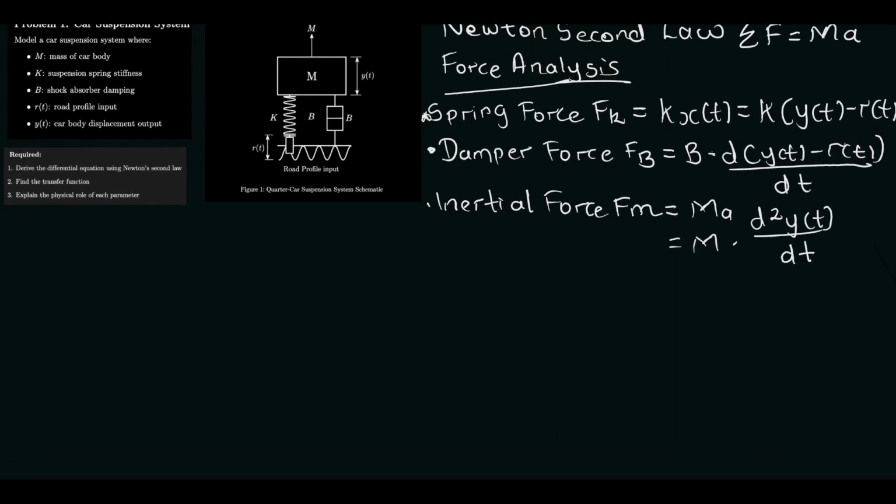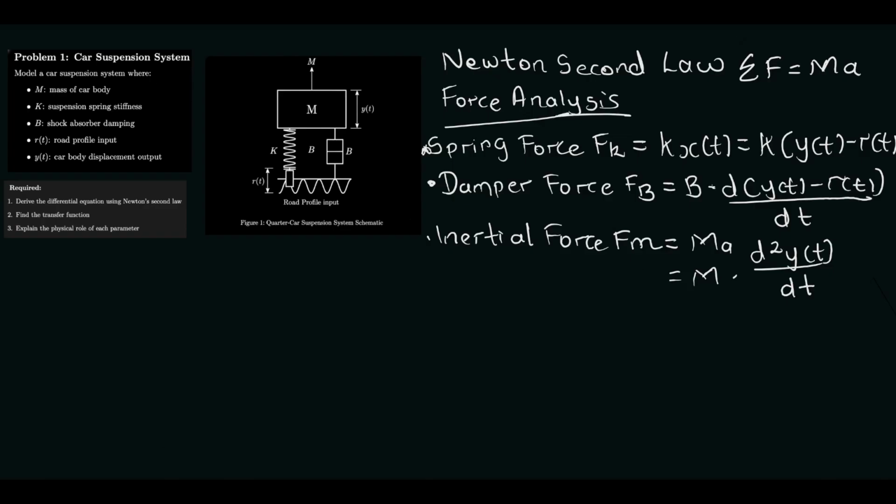So now that we know the forces acting, we can plug them into our Newton's second law. The summation of all the forces will be minus Fk minus Fb is equal to ma.